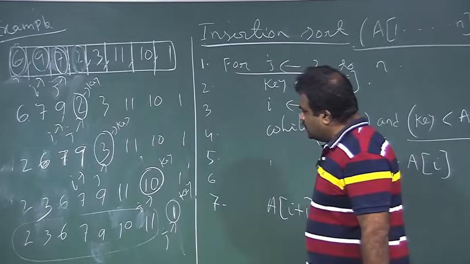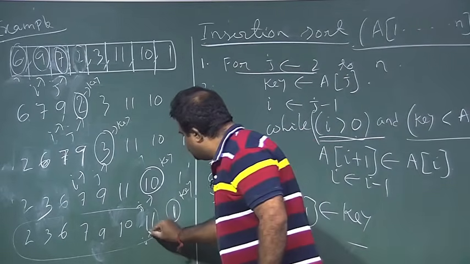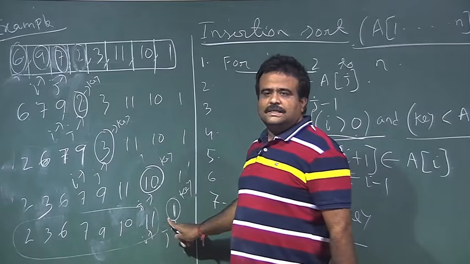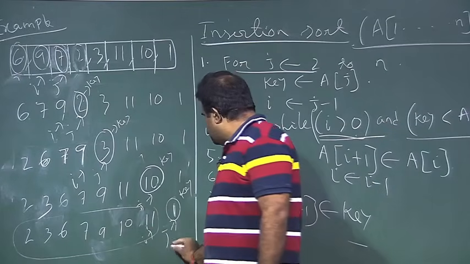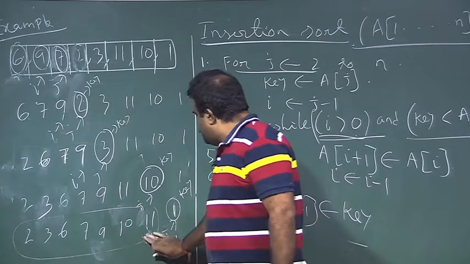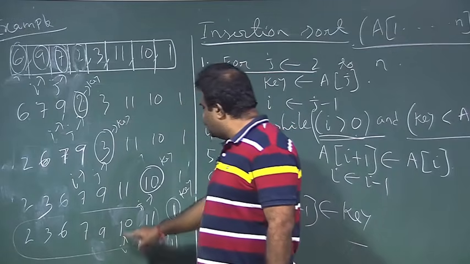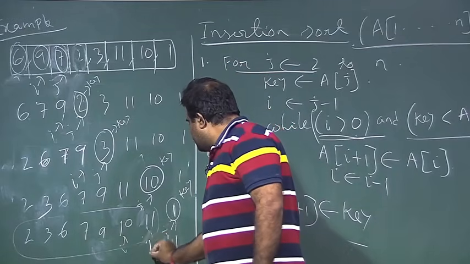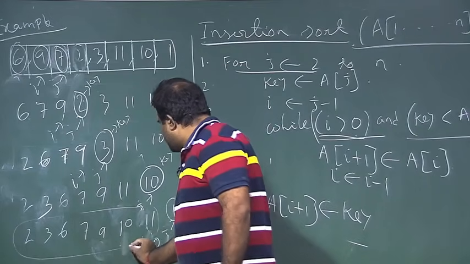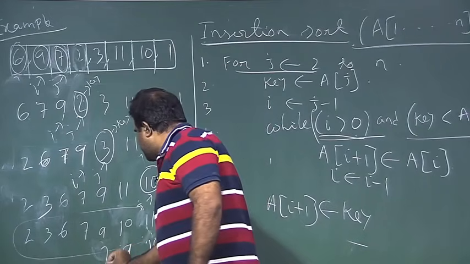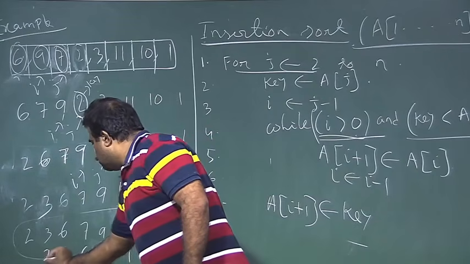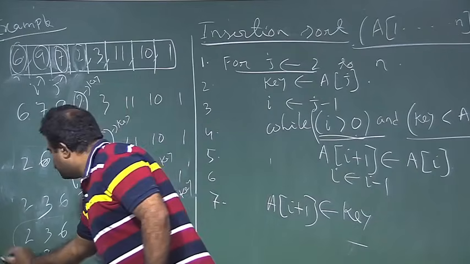Now, what do we do? Now, this is our i. Now, we compare this, 1 is less than this. So, we have to shift this here and then i will be pointing here. Now, we compare this, again this is less. So, we have to shift this here. So, i is pointing here, again we have to shift this here like this 7, 6, 3, 2 and now i is pointing 0.